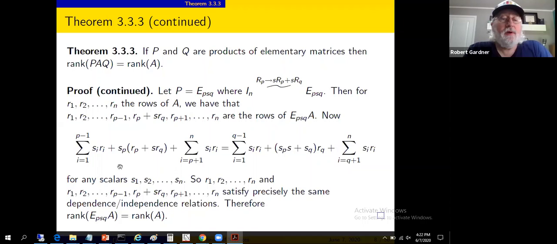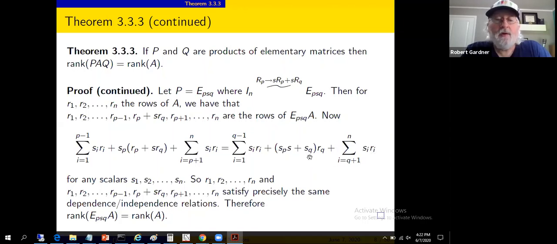If we set this linear combination equal to 0, and we were required to have S1 equals S2 up through S sub N equals 0, then on this side, you'd be required to have all the coefficients of R1 through R sub N equals 0. For 1 through Q minus 1, it's the same thing.